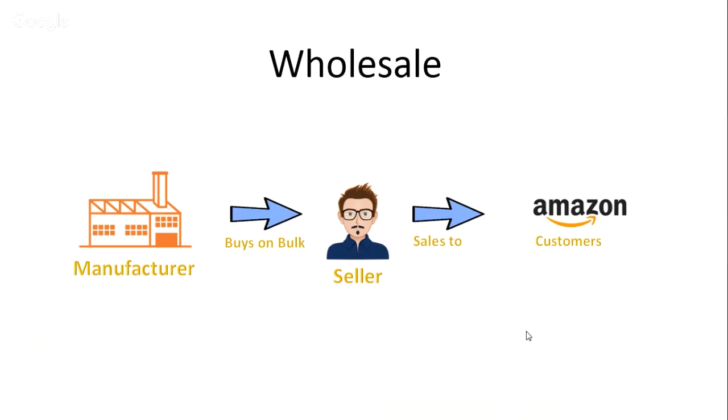Then you contact them and get the exclusive rights from them, saying that you want to sell their product on Amazon. They give you the exclusive rights to sell that product so that nobody else can sell that product on Amazon.